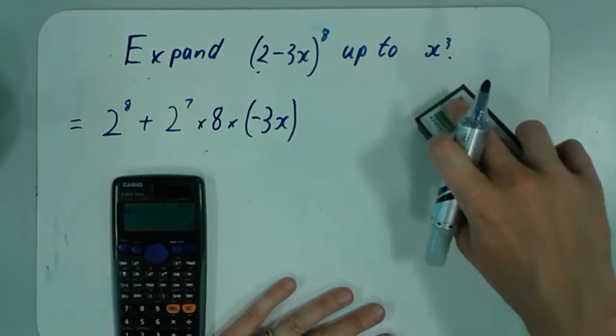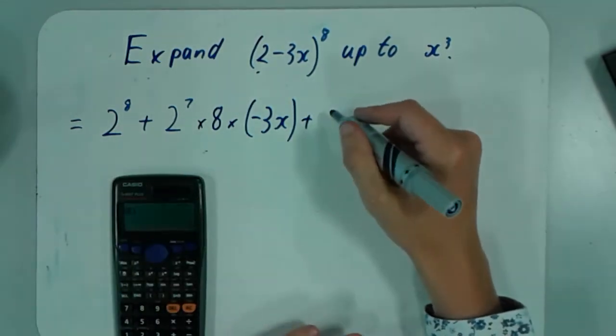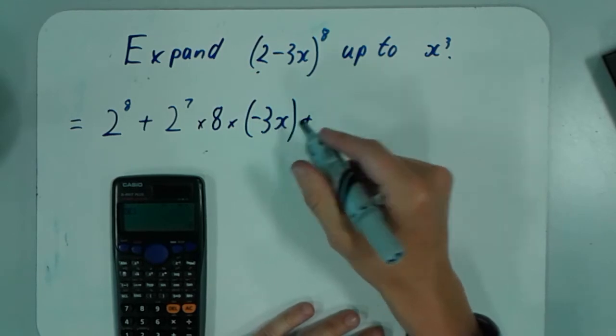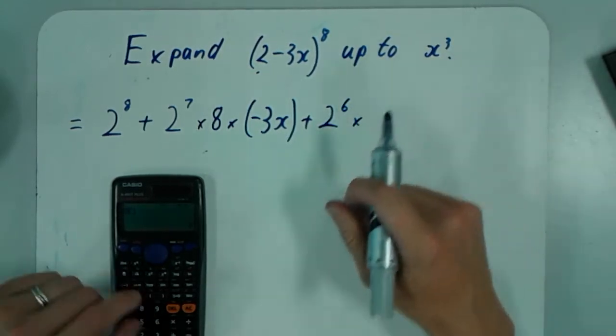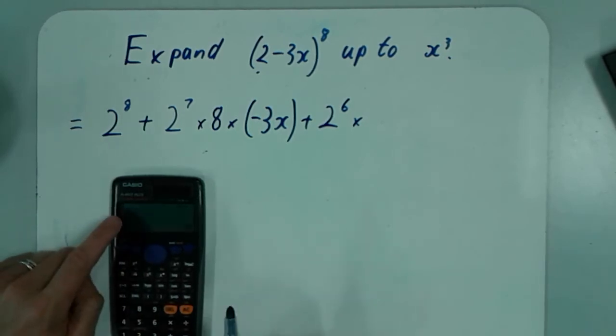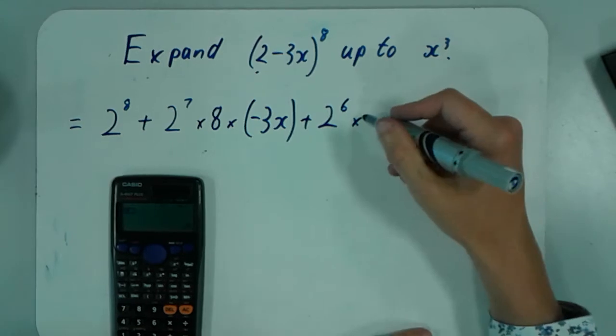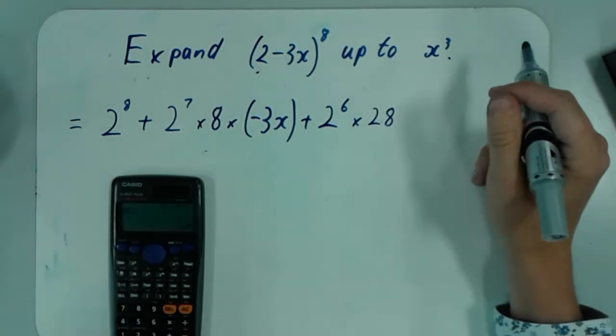Okay, let's look at the next term. So remember, I'm going to have 1 less 2 again, because I'm now going to choose 2 of these. I want an x squared, 2 to the 6, multiplied by, now I want 8 choose 2. How many ways can I choose 2 objects from 8 brackets? There are 28 ways to do that.